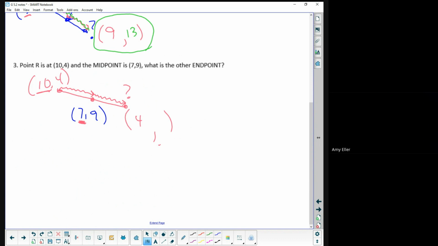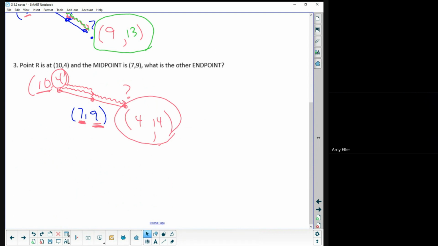Let's do the same thing with the y's. I'm at 4. Walk into the middle, and I end up at 9. I walked up 5. Got to get to the other end. Got to do the same thing. So let's walk up 5 more from here. I'd end up at 14. That's my other ending point.